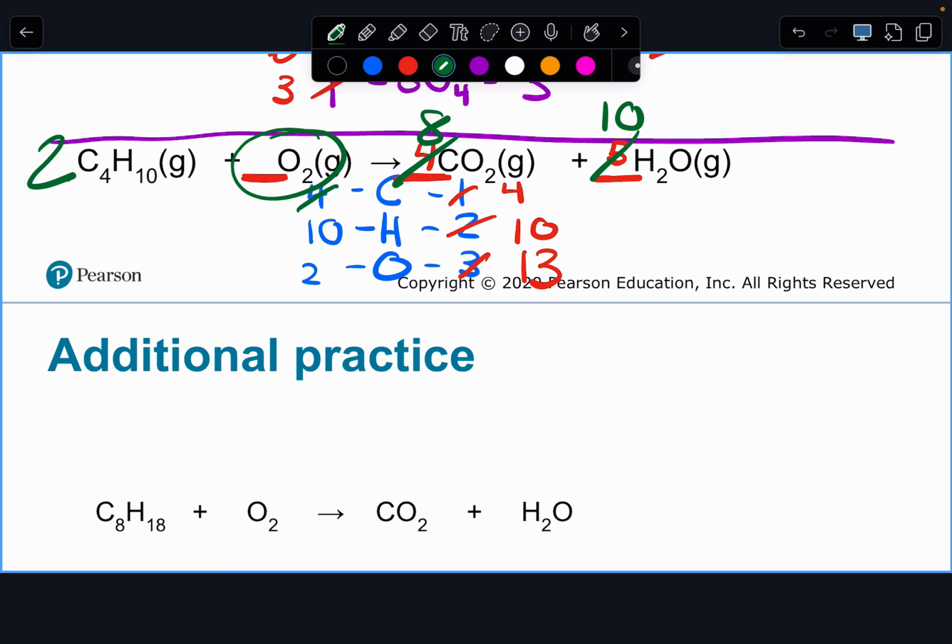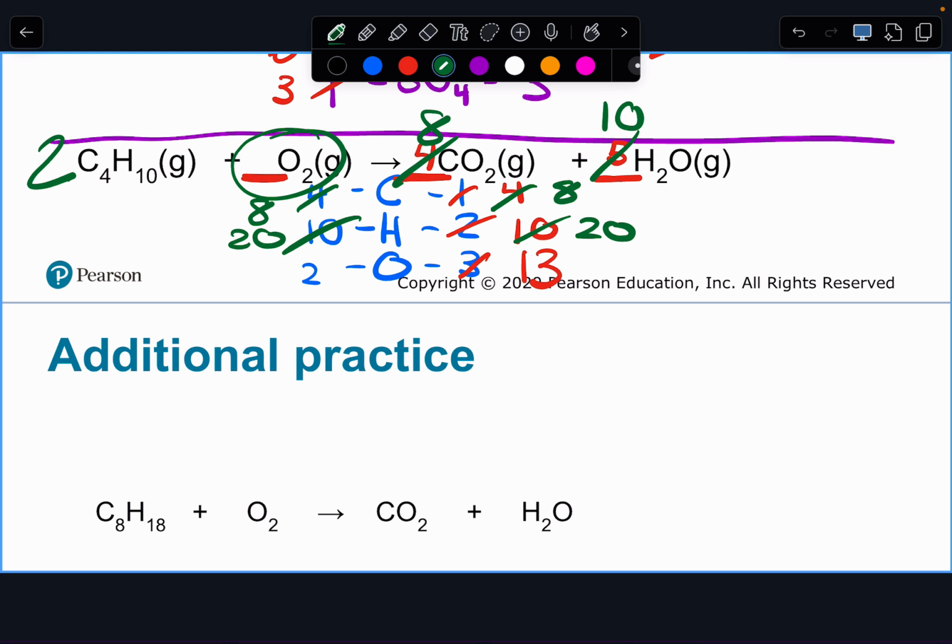Yell it out. 8. How many hydrogens do I have on the reactant side? 20. Okay. Product side, CO2, I have 8 over there as well. And then H2O, 10 times 2, 20. Okay, so they do still match.